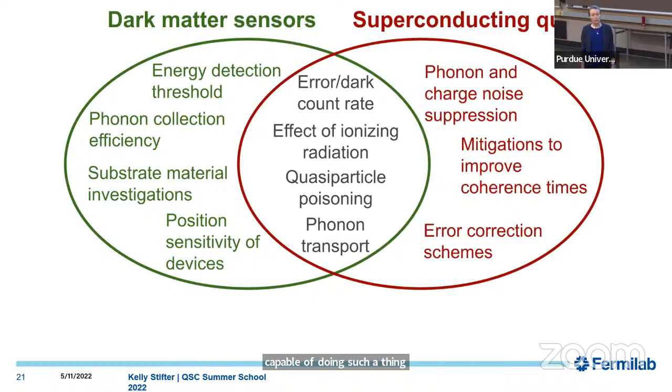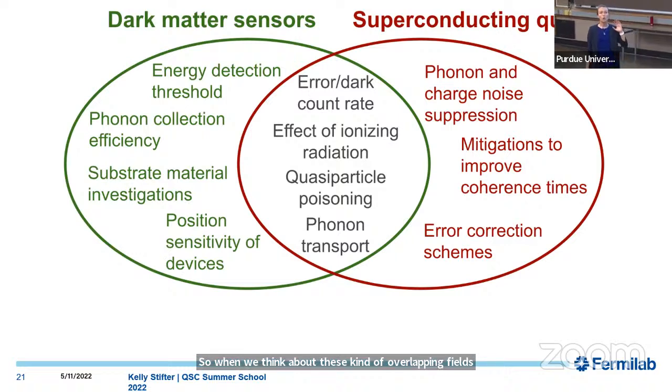So when we think about these overlapping fields of dark matter detection and quantum sensors, there's a whole host of open questions that have yet to be answered. And you can see that they really are overlapping. There are things that the individual fields are concerned about, but there are a number of things that we're both concerned about.